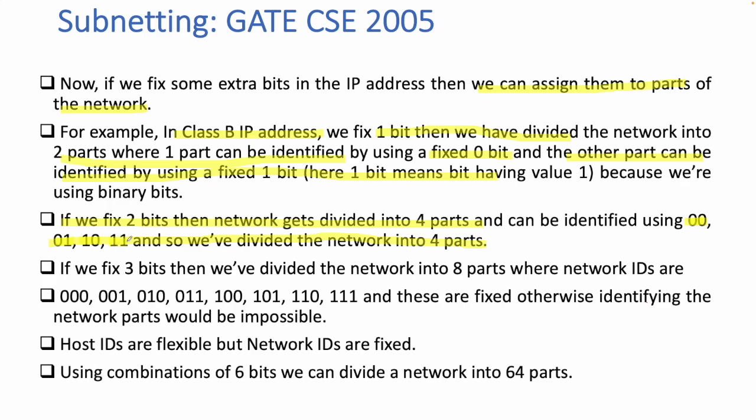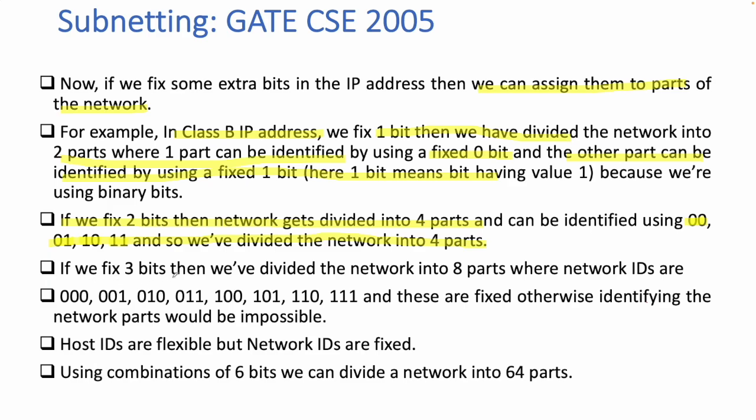IP address is all about uniquely identifying the network, so your packet can differentiate between these 4 parts using these codes.